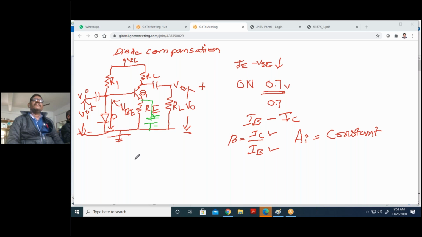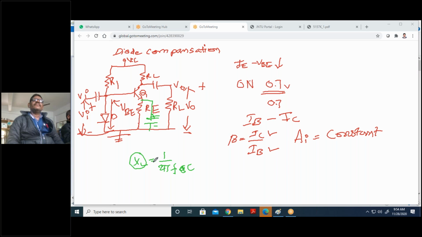The capacitor's reactance is XC equal to 1 by 2 pi FC, so the reactance of a capacitance is inversely proportional to the frequency. If the frequency is high, the capacitor acts as a short circuit.